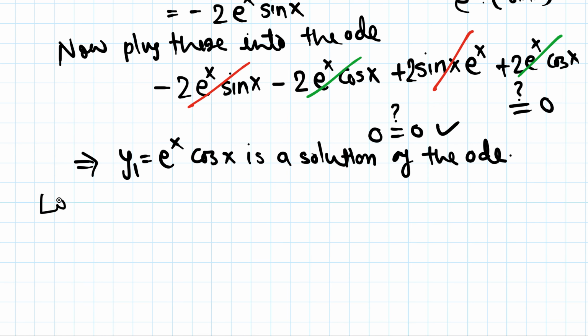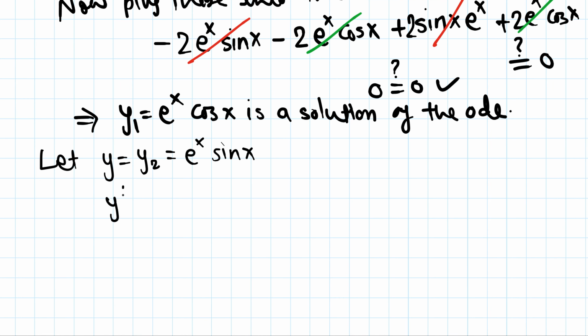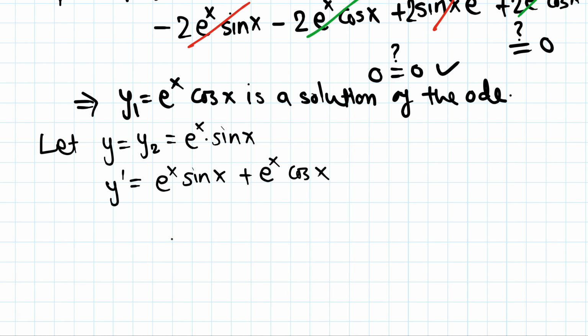Here we let y2 be y, e^x sin x. We need to find the first derivative, again using the product rule. The derivative of e^x is e^x sin x, plus the derivative of sine, which is cos x, so I get e^x cos x.